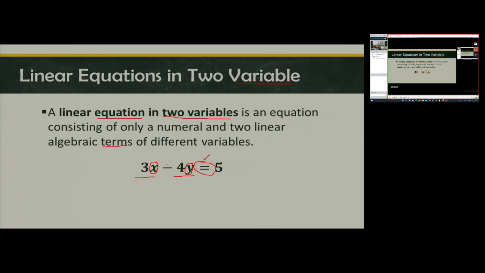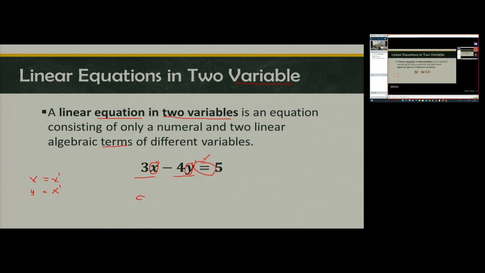Each term should only have one variable, but the total variables for the equation should be 2. And the power of the variable should be power 1. Again, x is the same as x to the power of 1, right? So if the power of the variables is power 1, then it is linear. If it's not power 1, then it is not a linear equation, okay?